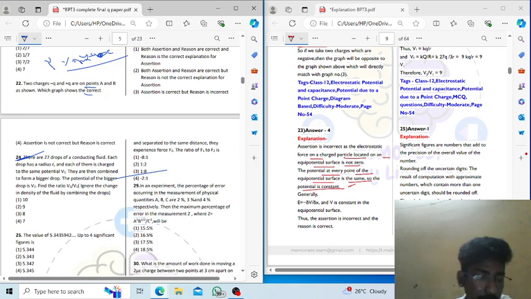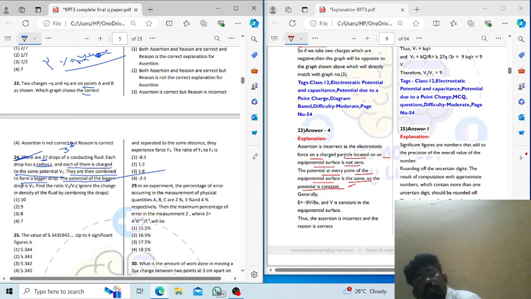Here it is given that 27 small drops with charge Q are attached together to form a big sphere. So the charge of the big sphere will become 27Q.